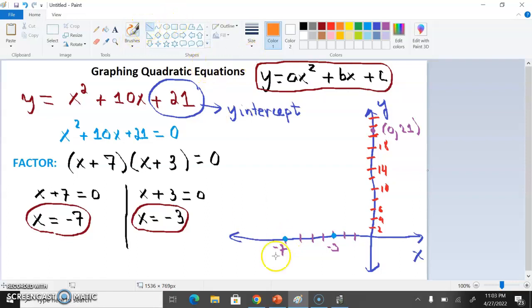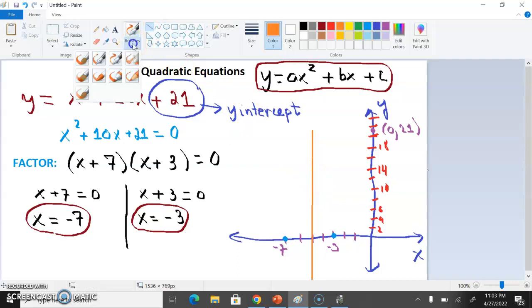You can count: left one, right one, and then left one, right one. So I know that the line of symmetry is going to be right on -5.